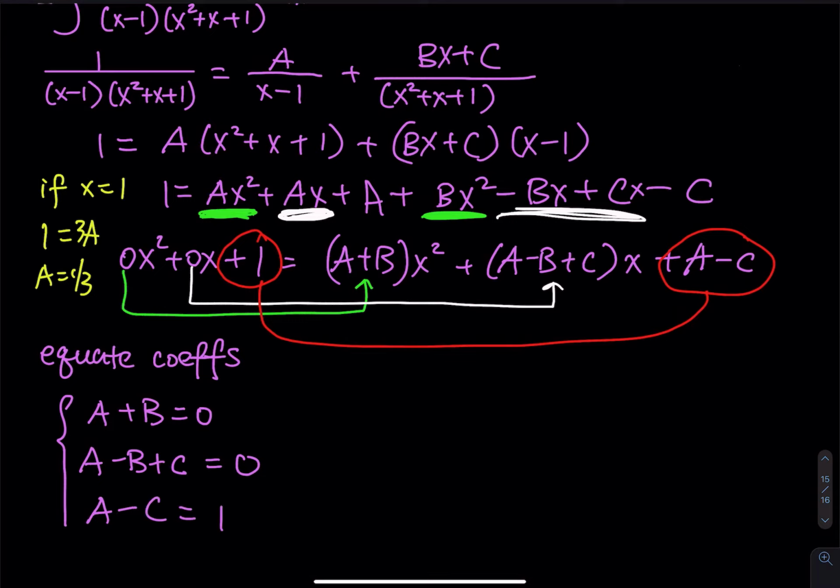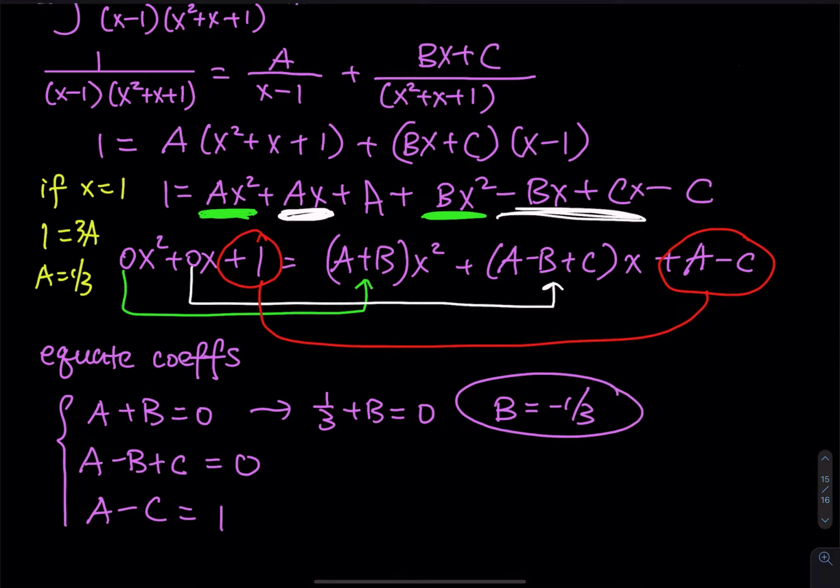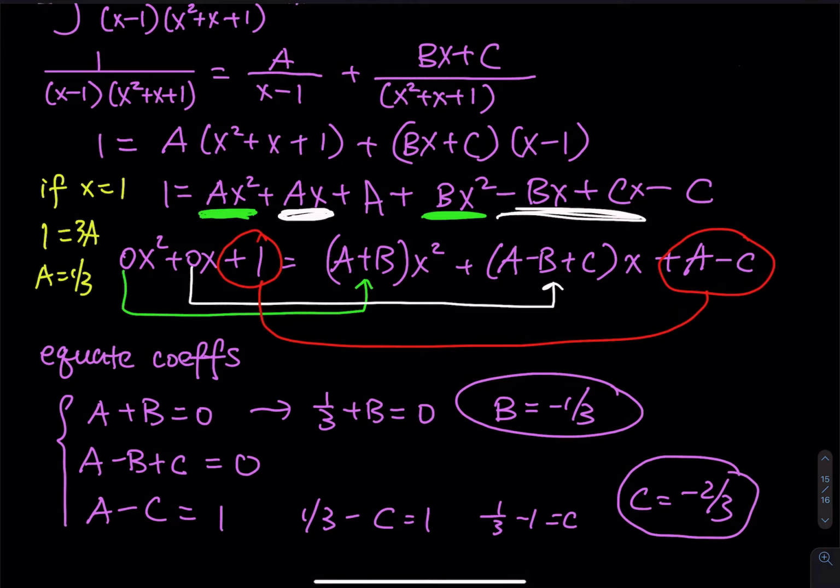We got a already. So this is 1/3 plus b equals 0. So I know b is equal to negative 1/3. And then I got a. So we have 1/3 minus c equals 1. So 1/3 minus 1 equals c. So c is equal to negative 2/3. Now I have a, b, and c.